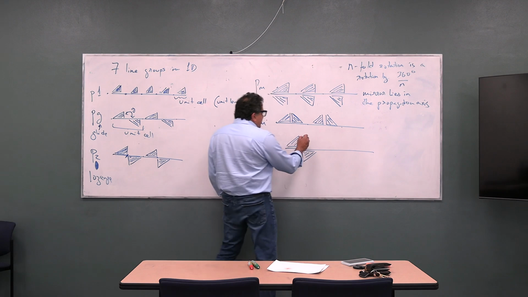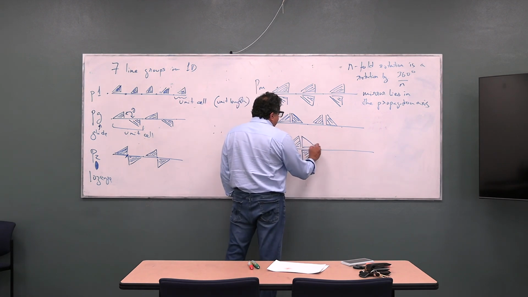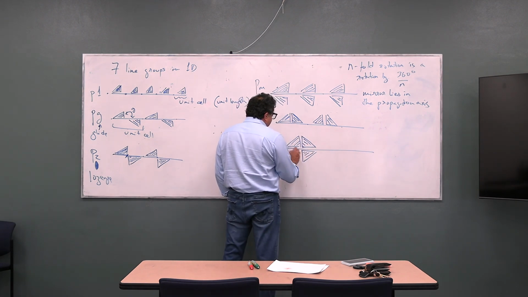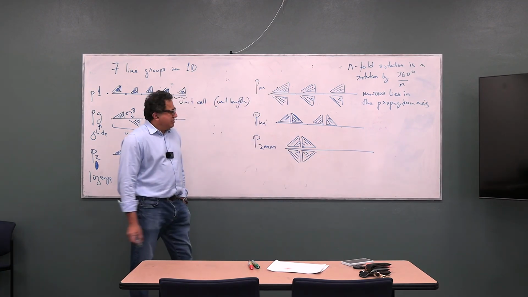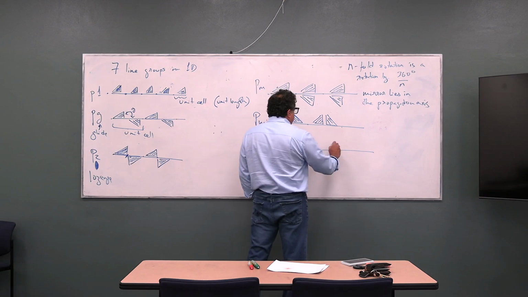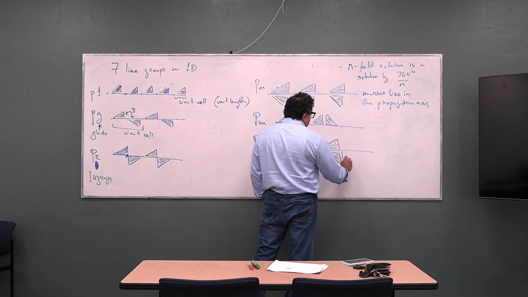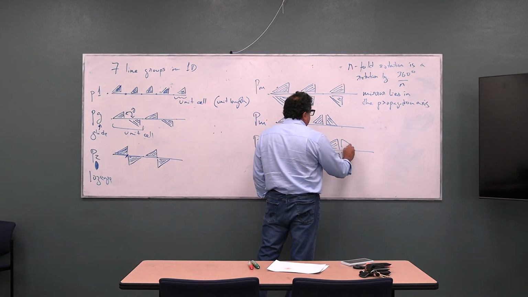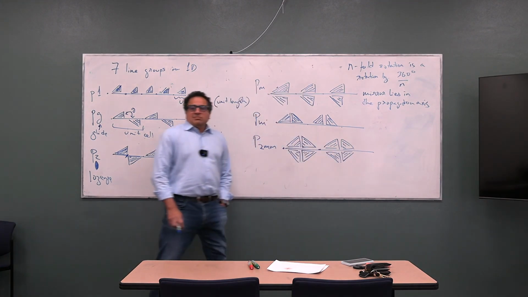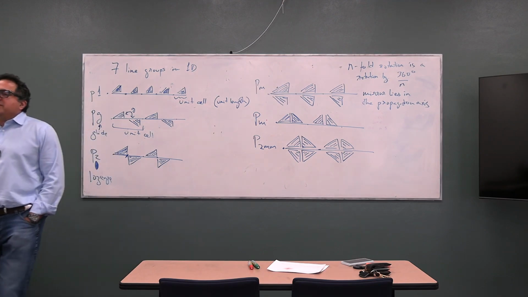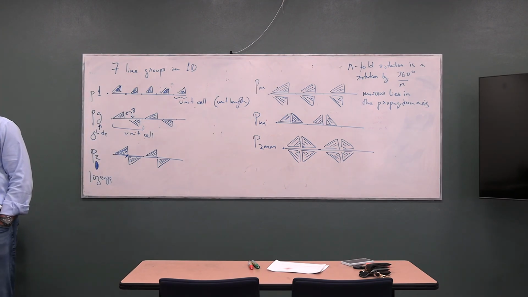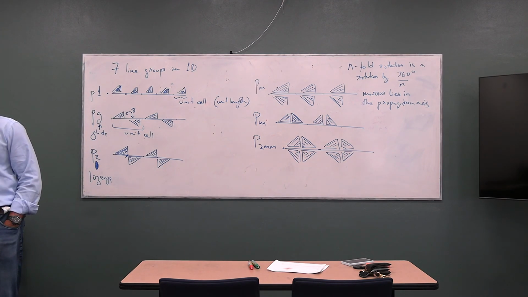So the mirror is going to do this. Do you realize that there is some redundancy in the space group? I could call it PMM because they are both mirrors operating, or I could call it P2M, and it all amounts to the same thing.